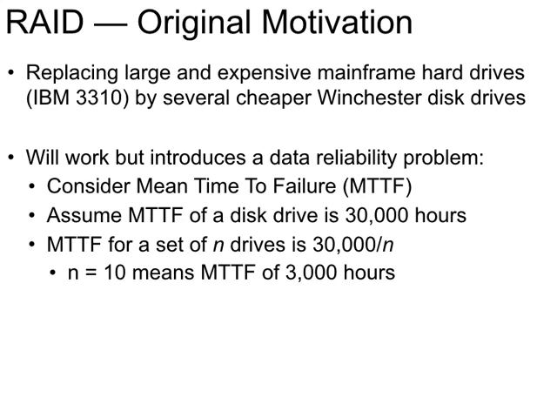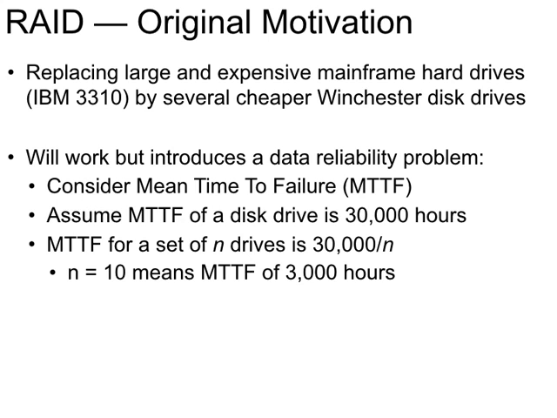So if you consider a MTTF of a disk drive as say 30,000 hours, meaning that on the average, if you use the disk drive for 30,000 hours, then it will be expected to fail. Then if you buy n such hard drives, then the mean time to failure for the entire set of hard drives reduces by a factor of n.